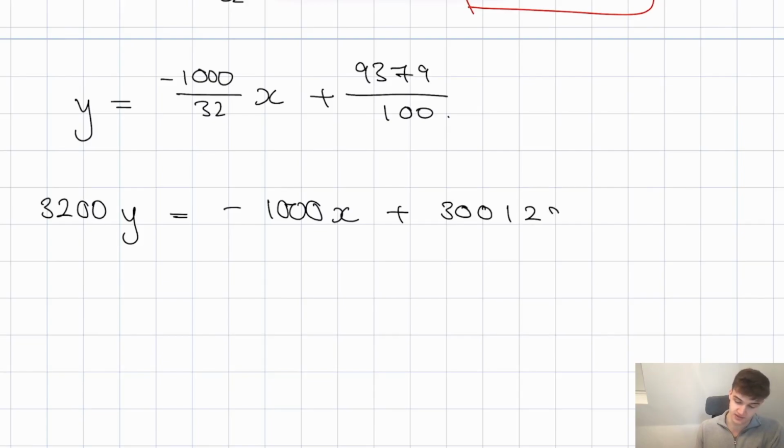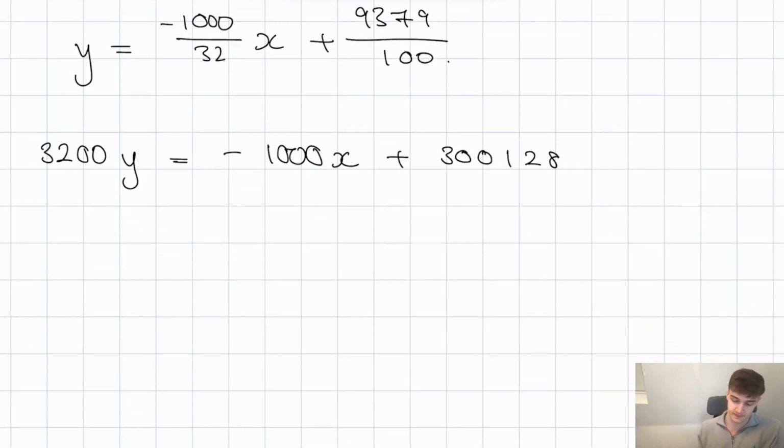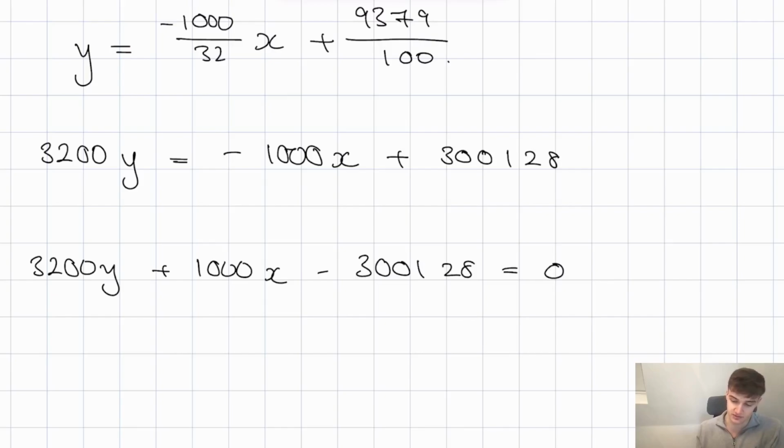So this does look a little bit odd here, but it could be fine. 3,200 y plus 1,000 x minus 300128 is equal to 0.